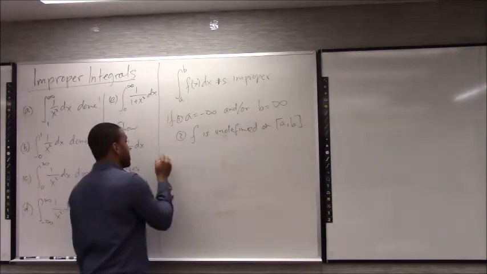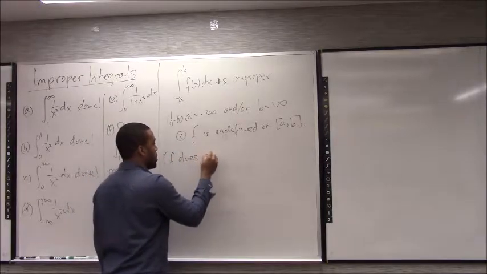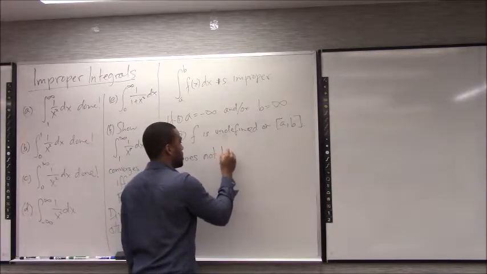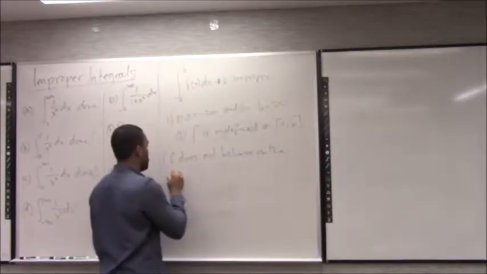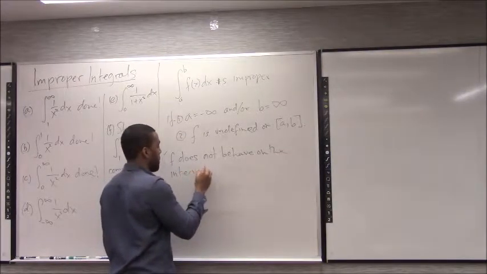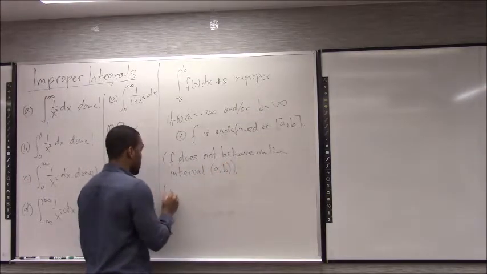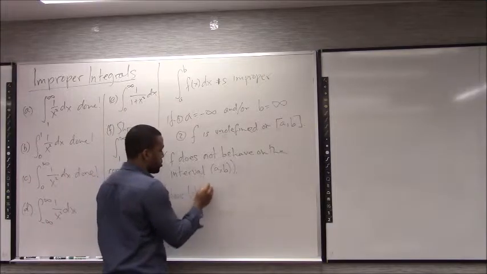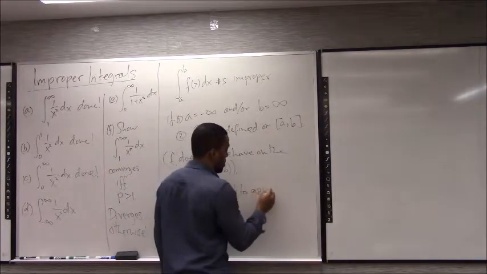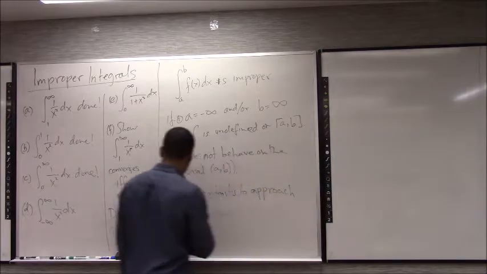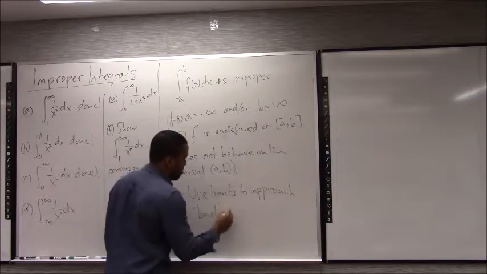The gist of it is f does not behave on the interval that we want to integrate on. And so the idea is to use limits to approach the bad points, in quotations.